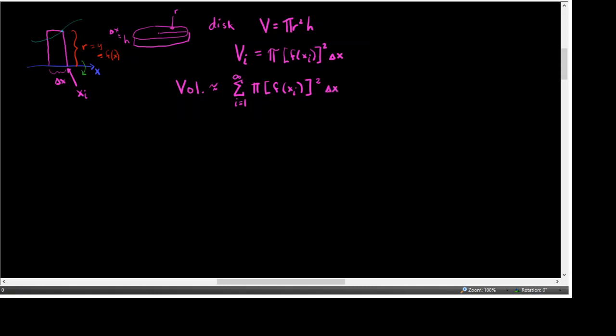So I didn't draw that part in there because I was focused on creating the cylinder or the disk. So the volume, therefore, will be attained if we add up infinitely many of those volumes. So we have a limit of a Riemann sum again.